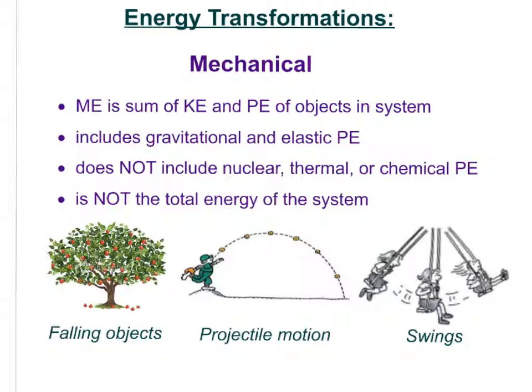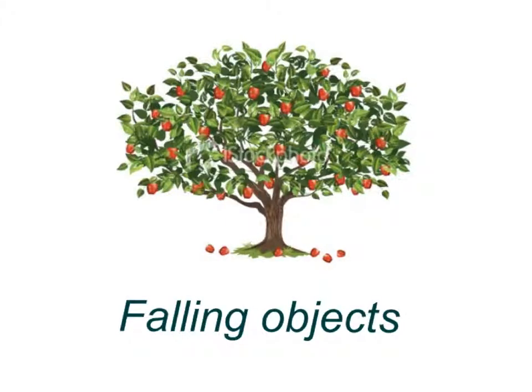And let's look at each one of these individually. So let's look at the mechanical energy in a falling object. What is going on? Let's start by looking at this apple right here. It has a lot of gravitational potential energy.